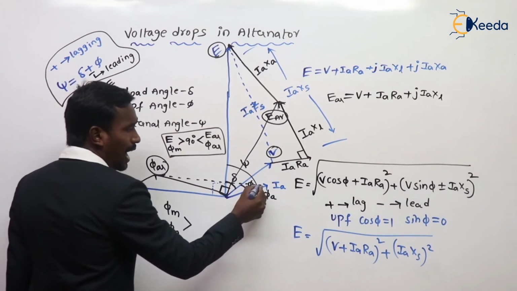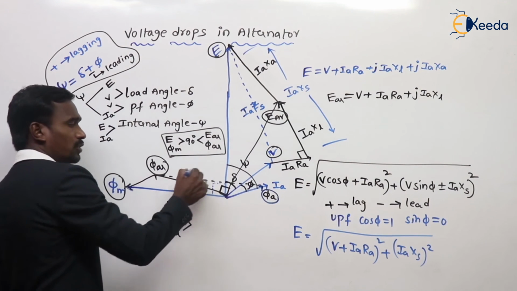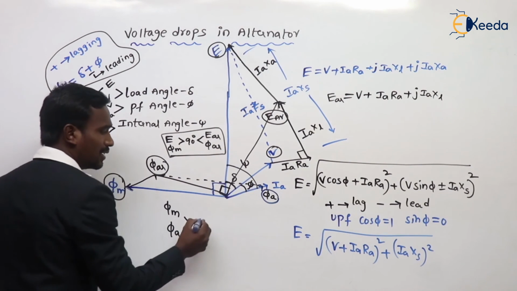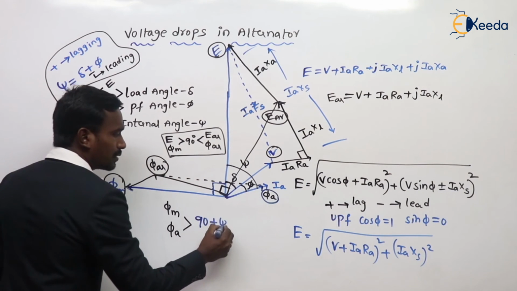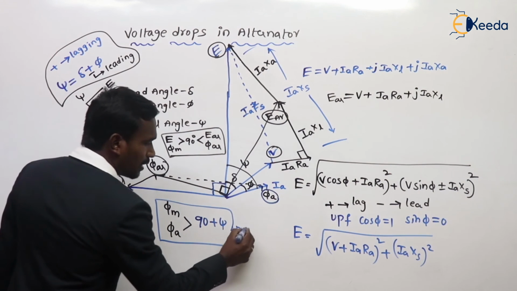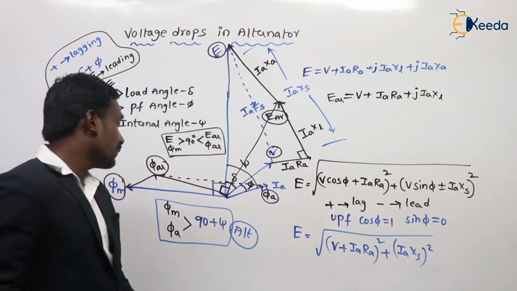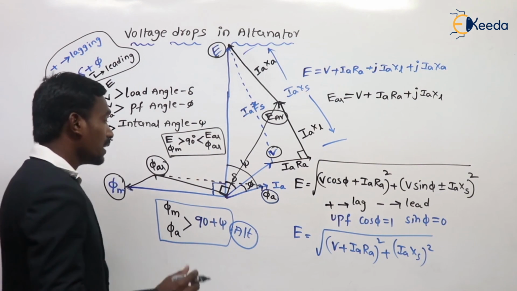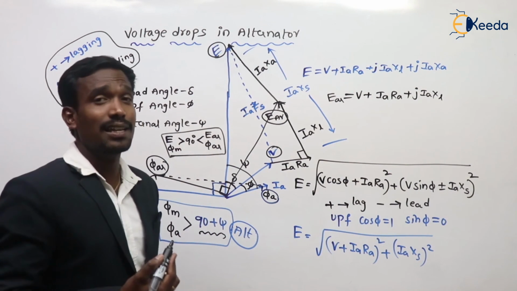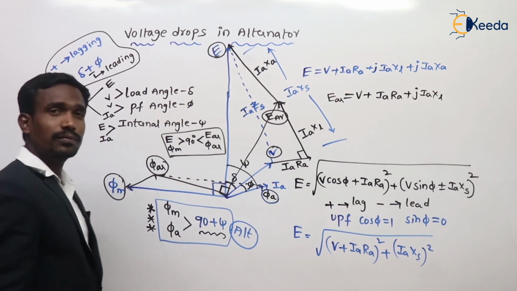Actually, we want the angle from this armature flux to the main field flux. From here to here, this is 90 degrees and this is psi. So the answer is 90 plus psi. For our alternator, the angle between main field flux and the armature flux is 90 plus psi. This is also a very important question.